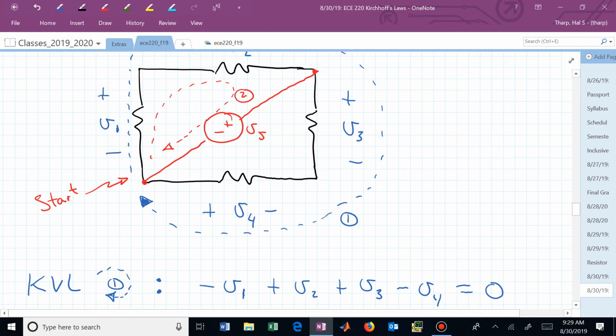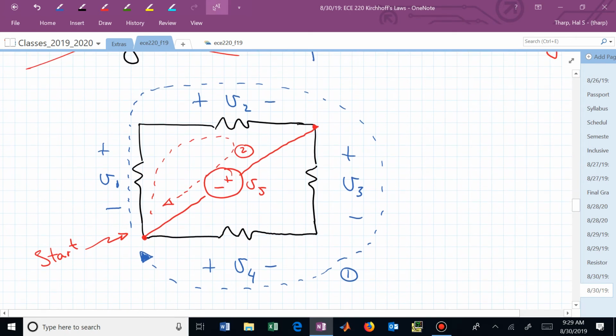Or if you wanted to write it in terms of rises and drops, the rises equal the drops. What's rising? Do we have any rising voltages in loop 2? V1 rises. What drops? V2 and V5.